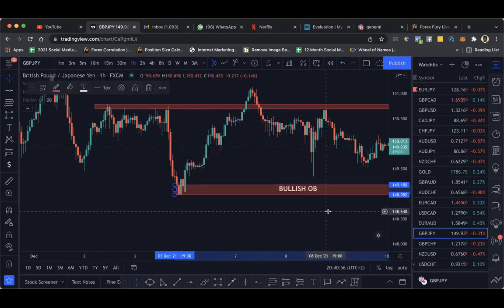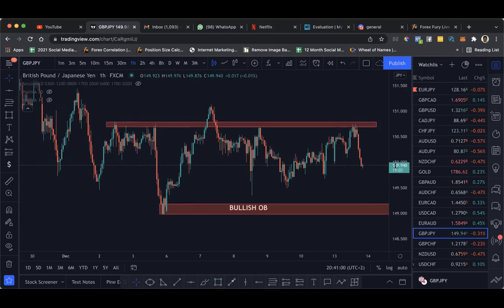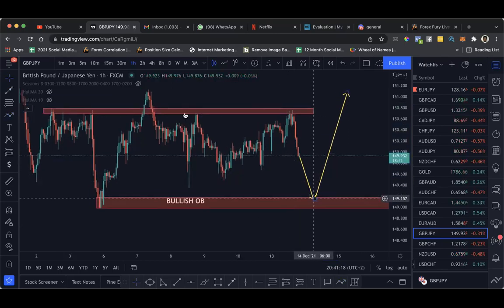So right now we're just waiting for price to come back into the zone. If price gets back into the zone, to this other block, you are looking for a buy to the upside. So when price gets here, this is GBP JPY.